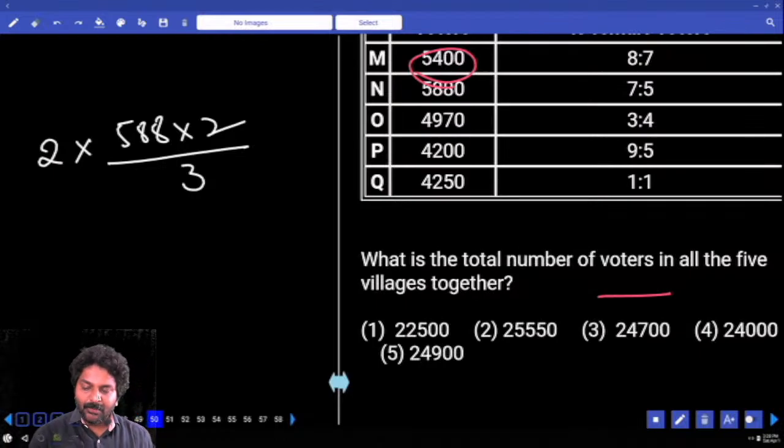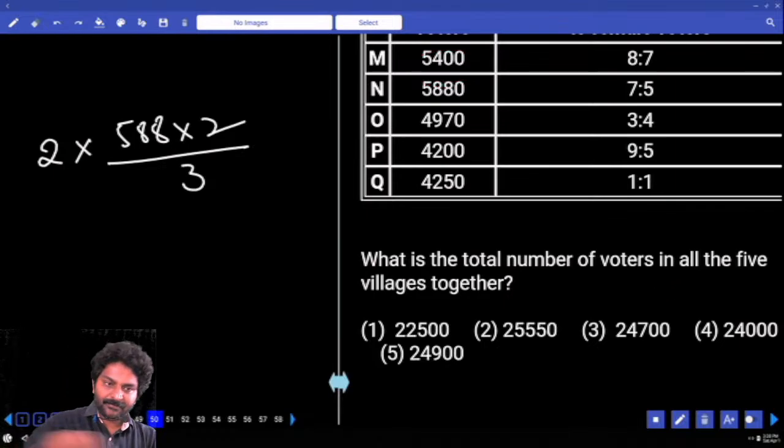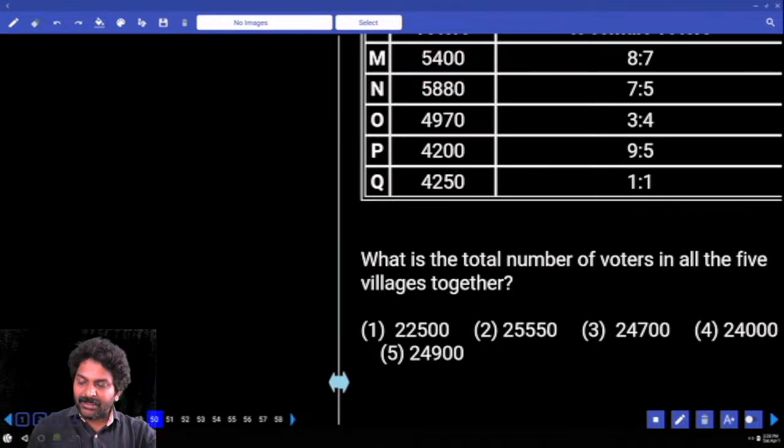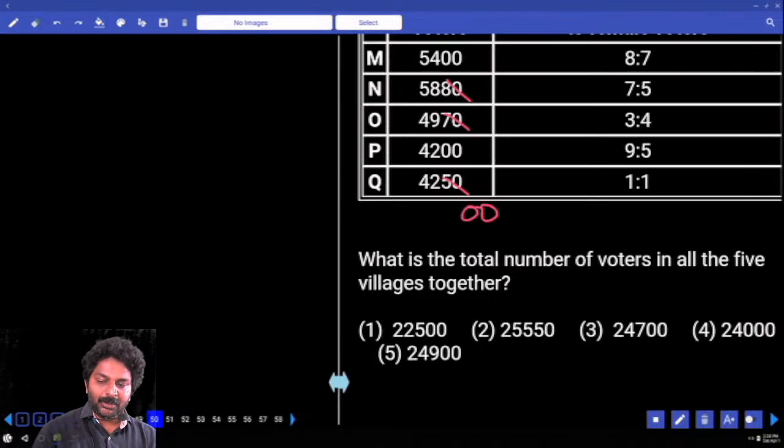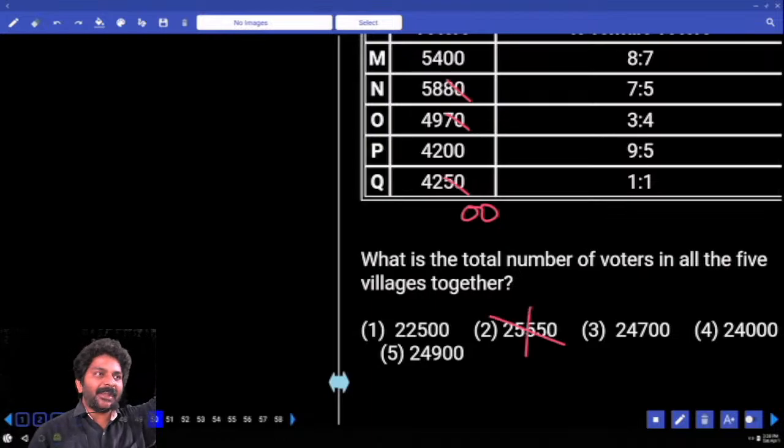Next, what is the total number of voters in all the 5 villages together? Total number of votes. Let's identify step by step. First I will concentrate on last 2 digits. 50, 120, 200. 2 zeros. 2 carry. 2 zeros in the sense, second option already eliminated.